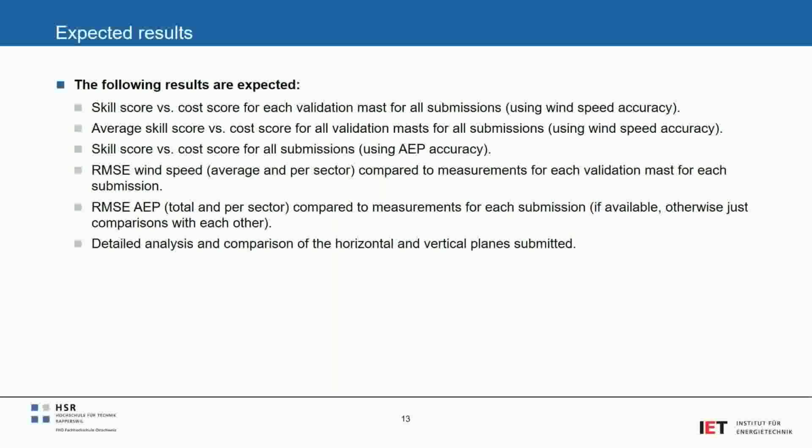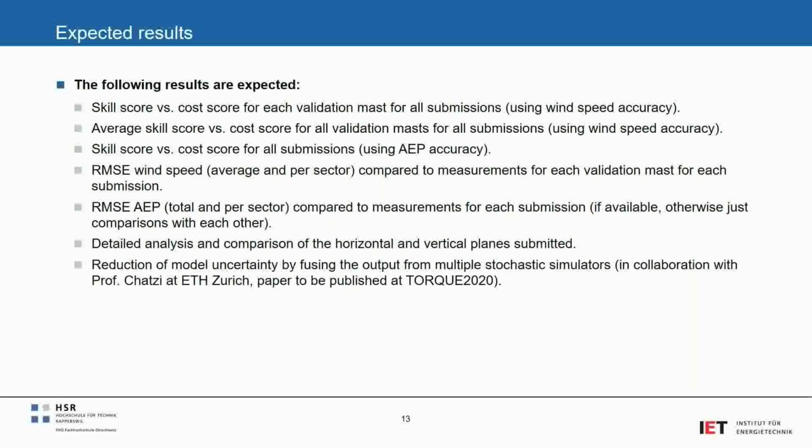A detailed analysis of horizontal and vertical planes. We're also looking at some stochastic methods together with ETH Zurich. And then we're going to make a Python code available on GitHub, and now we've seen what Pedro presented, we're going to make a nice notebook similar to that as well.